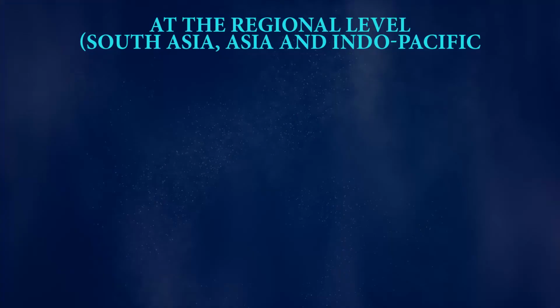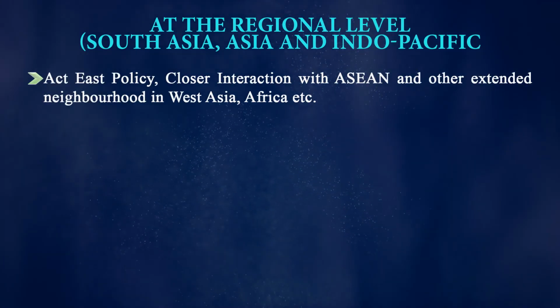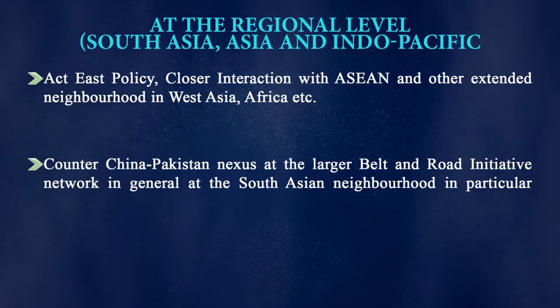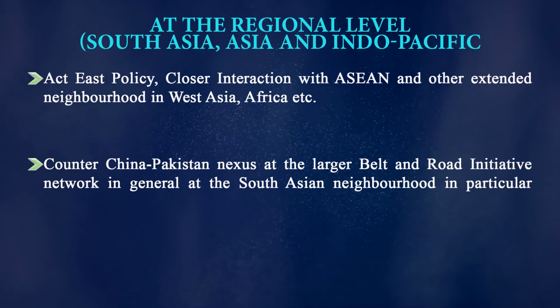So what India is trying to look at in this matrix is how things would be at the global level in terms of foreign policy. At the regional level, the South Asia and the Indo-Pacific level, India would like to have closer cooperation with ASEAN, with West Asia, with Africa, and to counter the China-Pakistan nexus in the larger Belt and Road Initiative.